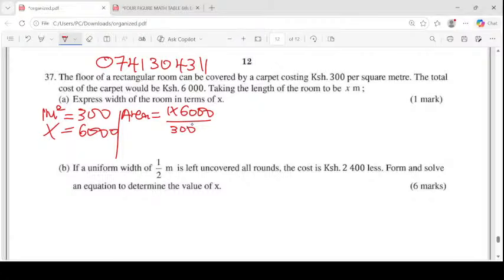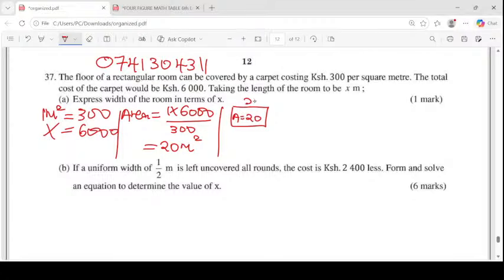And this exactly is going to be 20 square meters. That is the area of the room. So it means now that we are having a room this way. The area is 20.